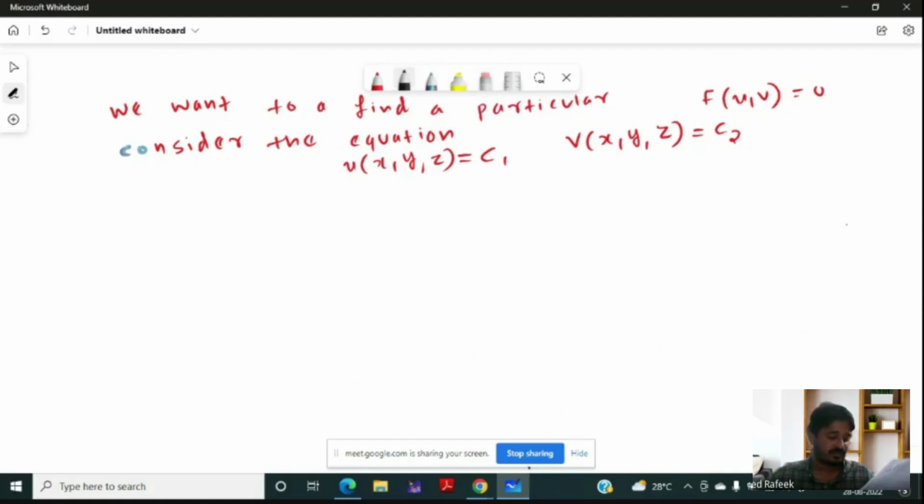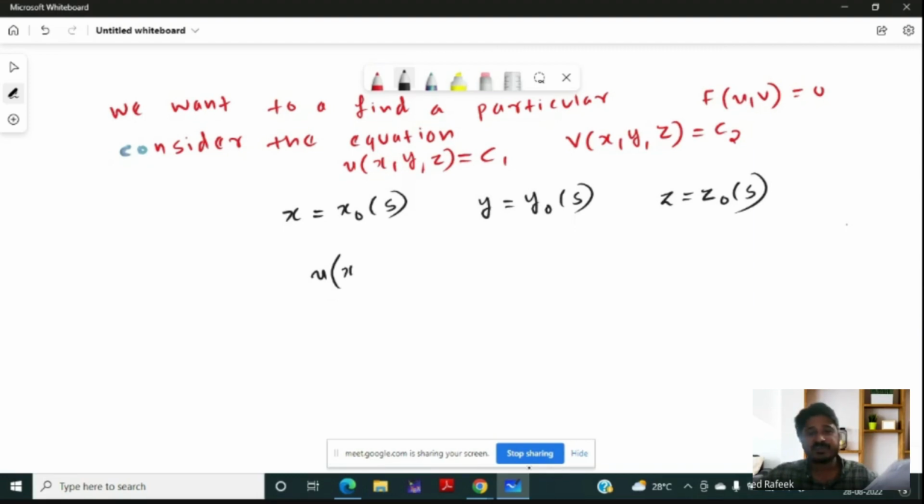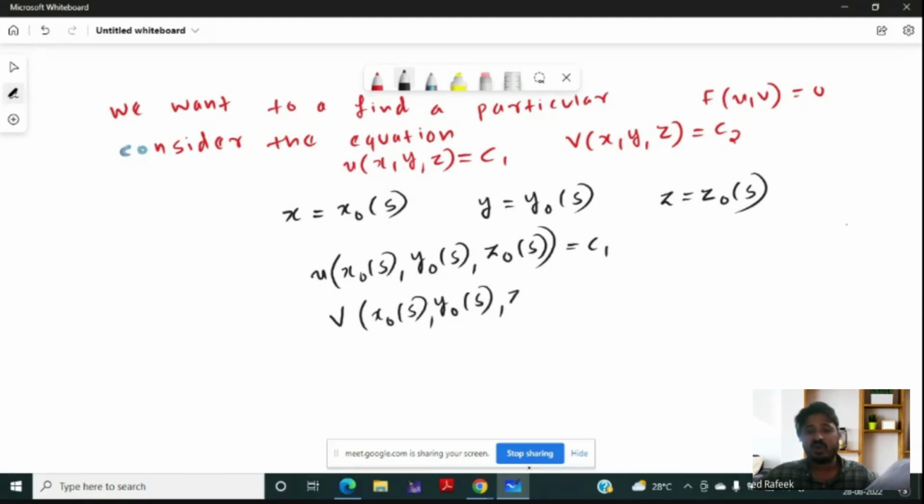Then substituting x is equal to x naught of s, y equal to y naught of s, and z equal to z naught of s in these equations, we get u of x naught of s, y naught of s, z naught of s equal to C1, and similarly v of x naught of s, y naught of s, z naught of s equal to C2.